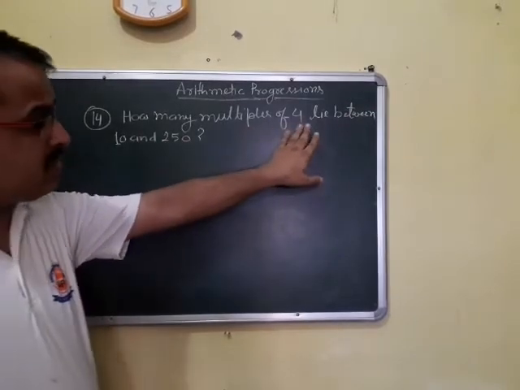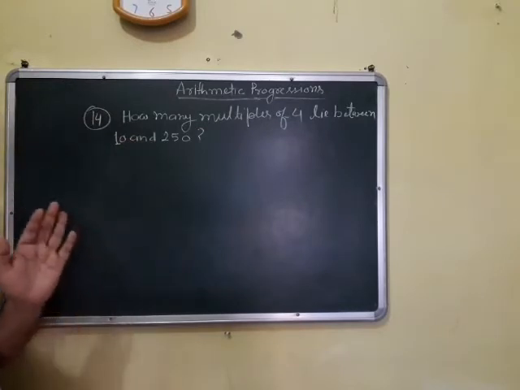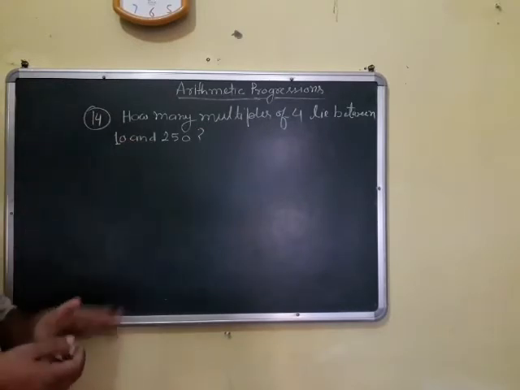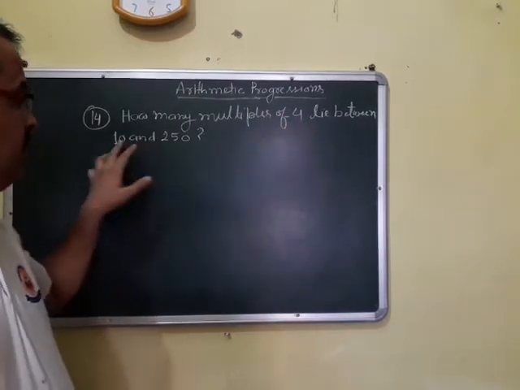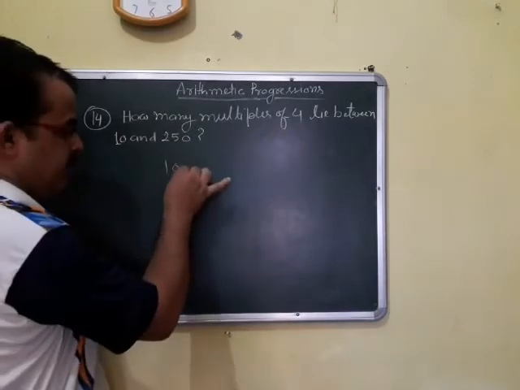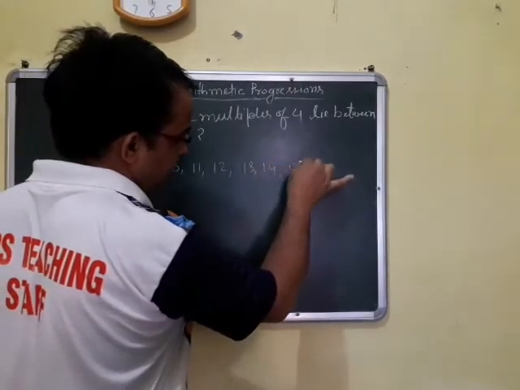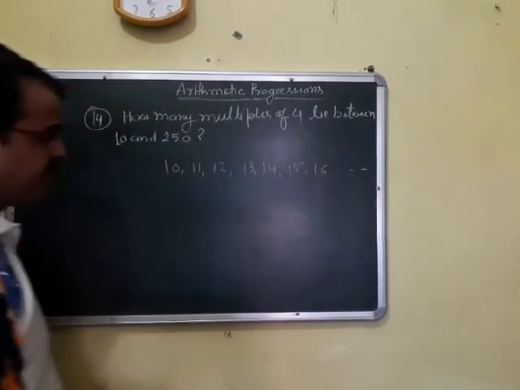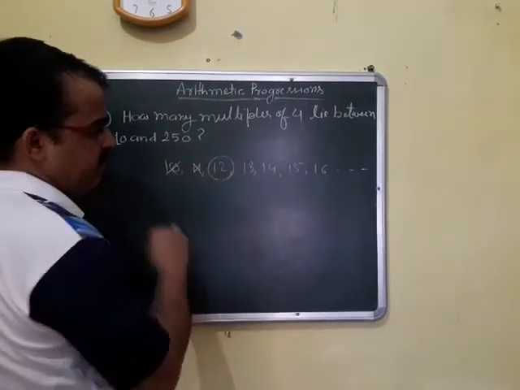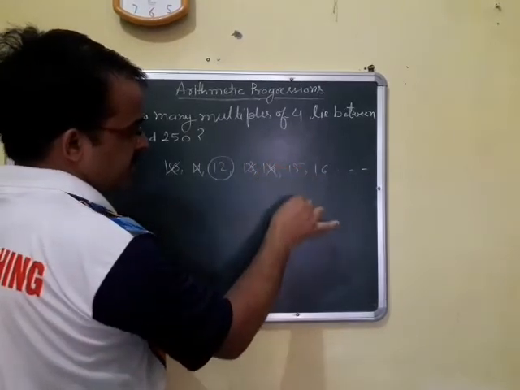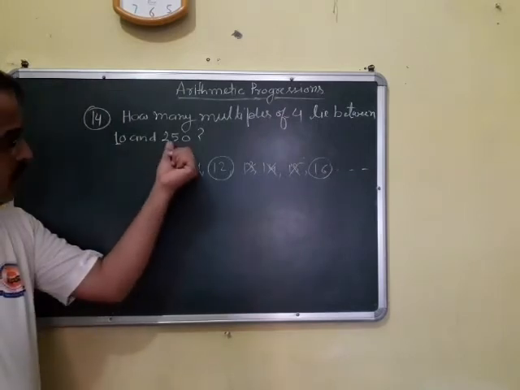Of 4. अगर देखा जाए तो 4 का मल्टीपल 10 के बीच में, अगर हम 4 के मल्टीपल देखें 10, 11, 12, 13, 14, 15, 16, ऐसे जल्दी अगर हम जाएं तो we find 4 multiples. This one is not, this one is not, and so on. We find this. So we go to 250.